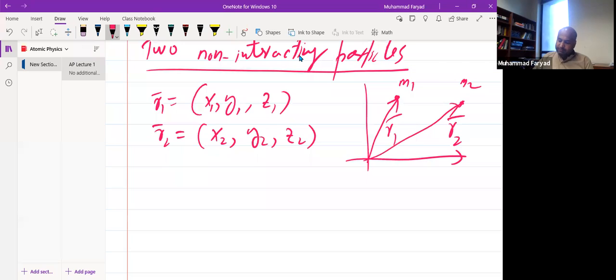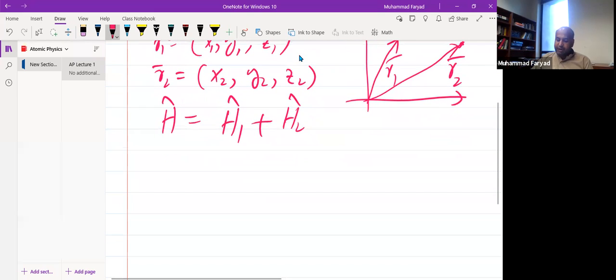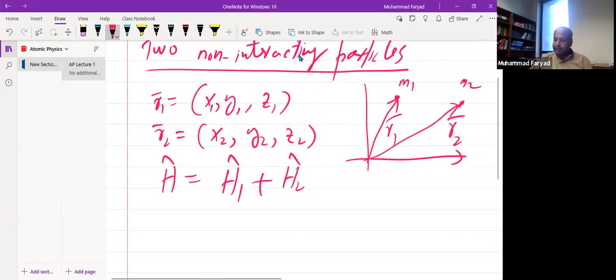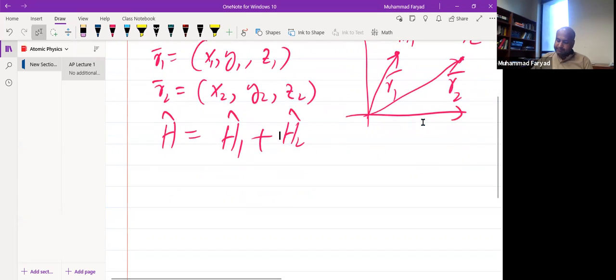So the total Hamiltonian acting on this system is the Hamiltonian for particle 1 plus the Hamiltonian of particle 2, because we can just add their total energies.